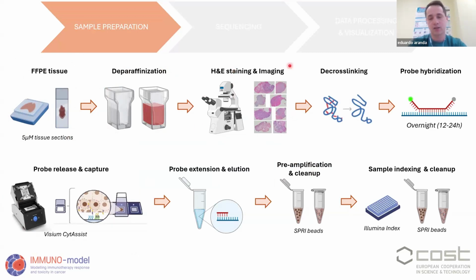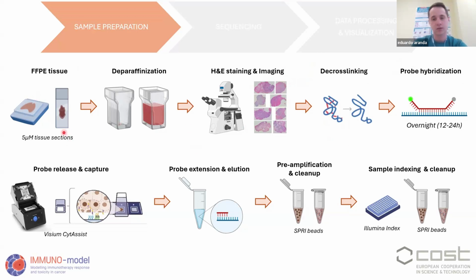And this step is very important because in this step we obtain the images that will be aligned during the analysis. After that, libraries are constructed following different steps: the cross-linking and the probe hybridization overnight. These are the steps of the first day.